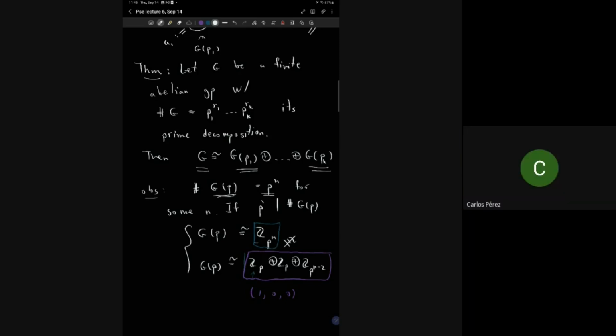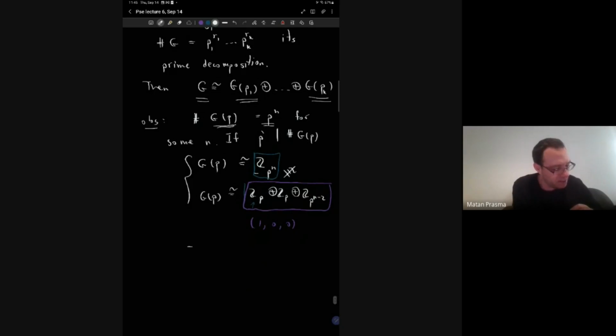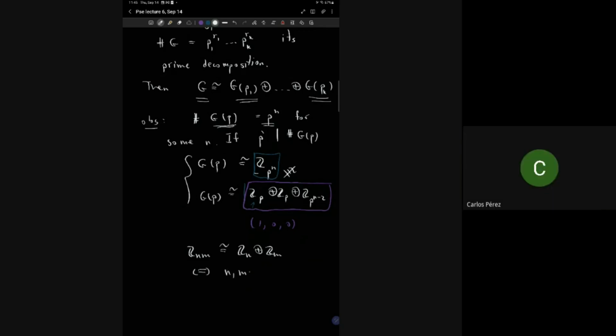But why can we not map to the Cartesian product of Z_p, Z_p, and Z_{p^(n-2)}? Well, we can map, but it's not necessarily going to be an isomorphism. Remember that Z_{nm} is isomorphic to Z_n plus Z_m if and only if n and m are coprime.